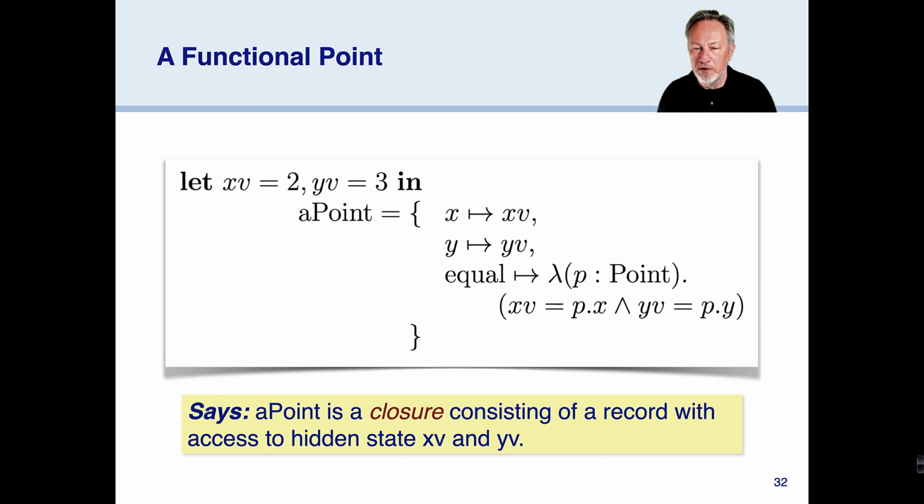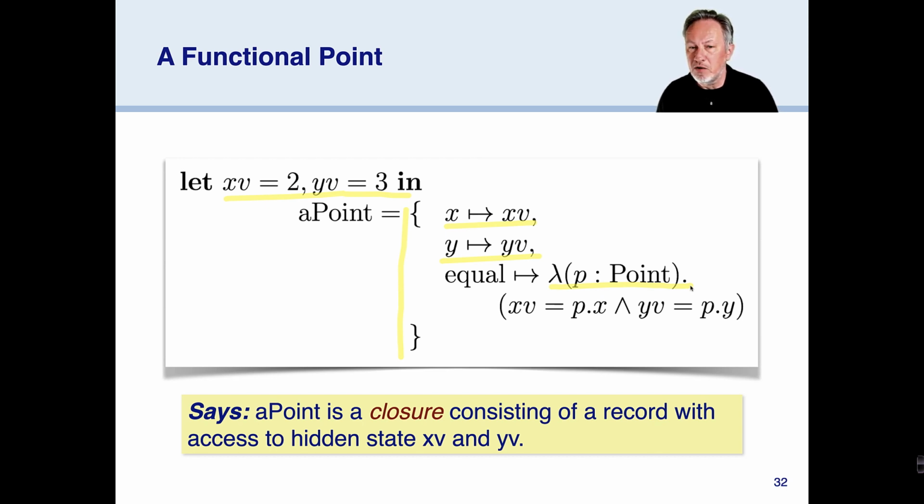Here's a functional point. I let the x value equal 2 and the y value equal 3 in this record. So this is a recursive let. And here x is bound to the x value, y to the y value, and the equals guy is a lambda, which will compare my x value to my argument's x value, and so on.